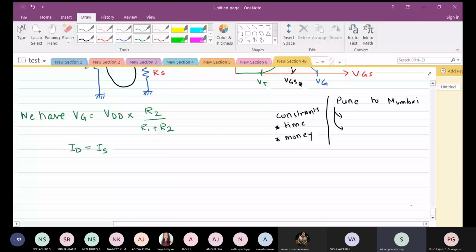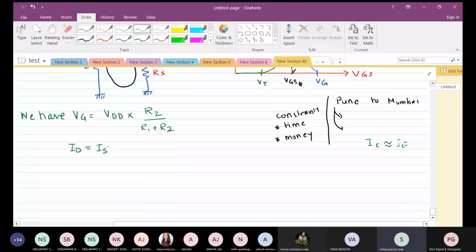Yes, in fact, there is no gate current at all here. Earlier in BJT, we used to say IC was nearly equal to IE. Here there is no such thing. ID itself is equal to IS, no doubt about that. The same current flows through the channel.